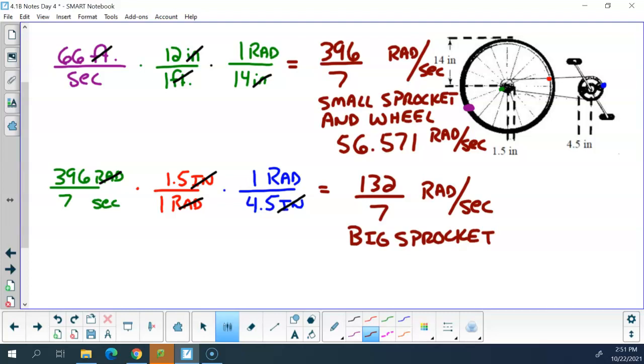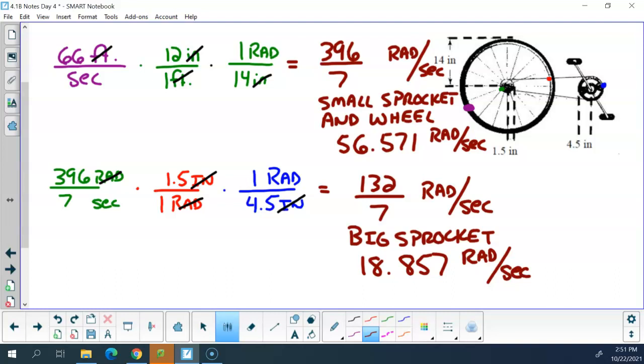What's the small sprocket? Where is that one? Like the 1.5 goes to the small sprocket. Why is it on the small sprocket in the middle?